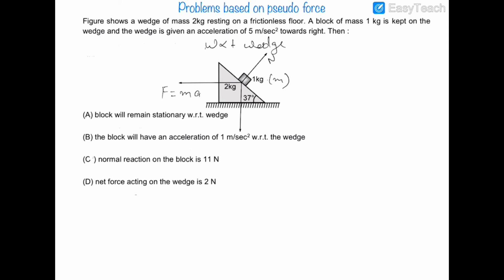This is the mg. Now if I resolve Ma and mg, the two directions in which I will be resolving are the perpendicular direction of the inclined plane and the parallel direction of the inclined plane. So I will be drawing the two directions again, using a different diagram for that.